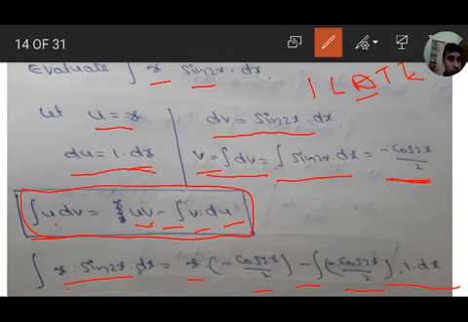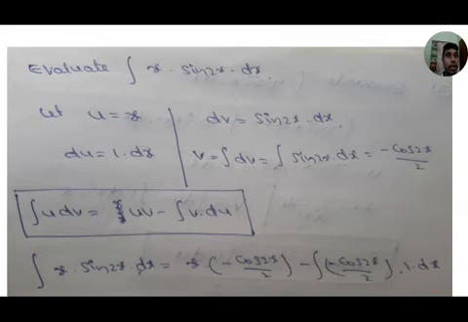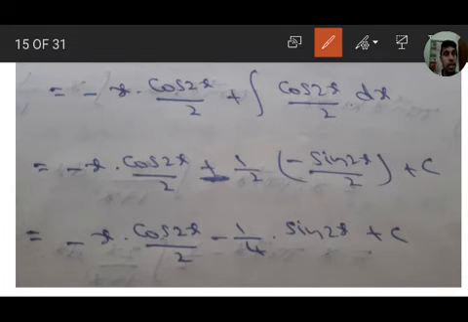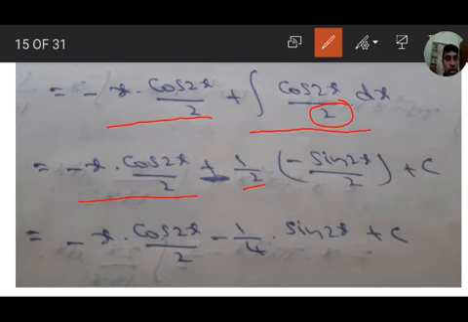Minus 1 by 2 outside, minus and minus give plus, so we get minus x into cos 2x by 2 plus 1 by 2 integration of cos 2x dx. The integration of cos 2x is sin 2x by 2, it is plus only, so plus 1 by 2 into 1 by 2, that is 1 by 4 sin 2x.